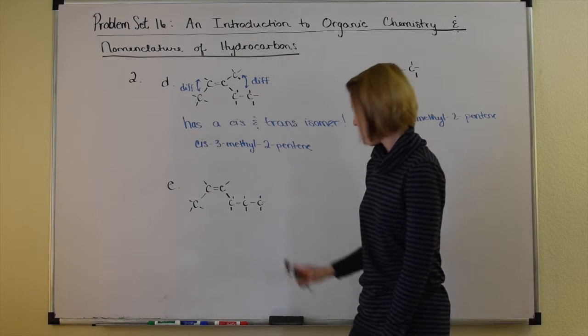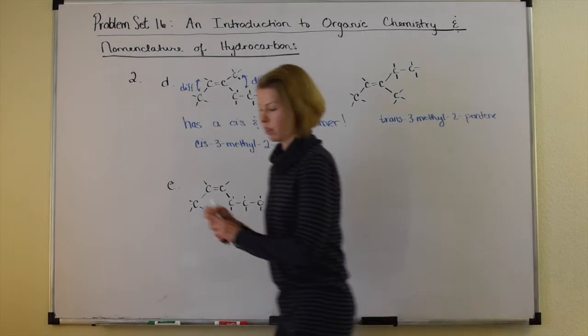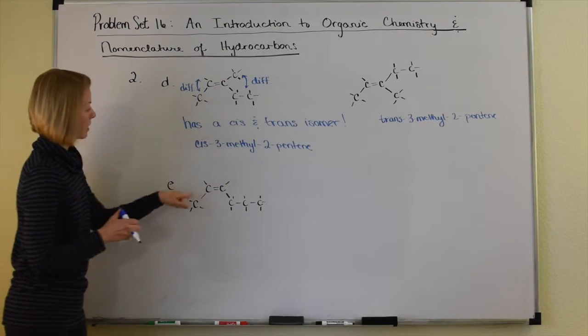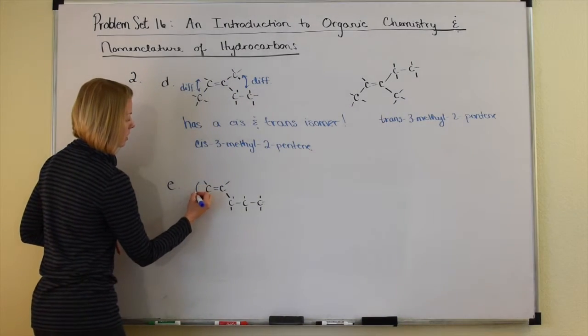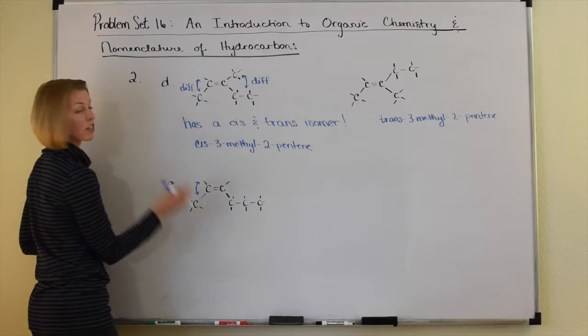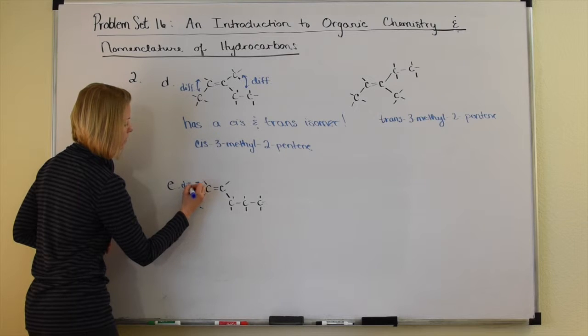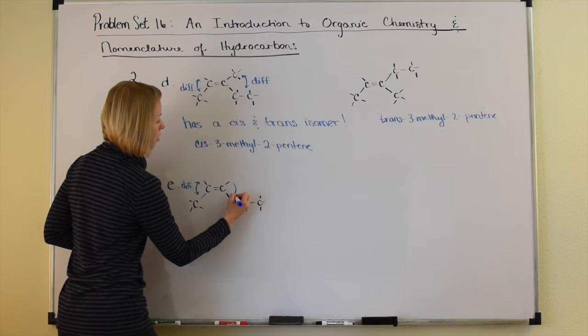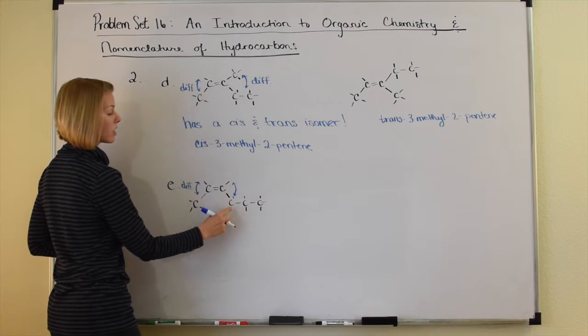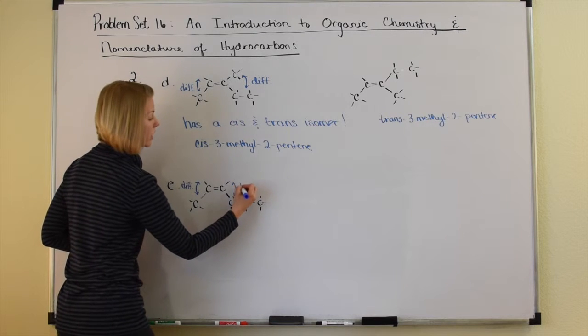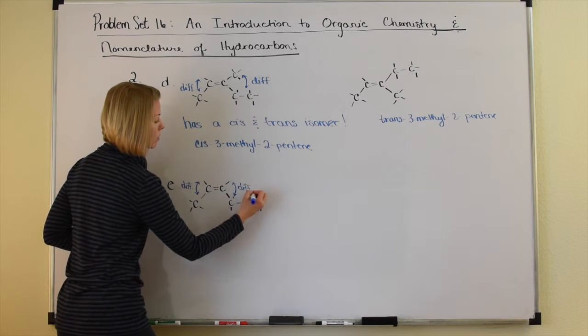Okay. And we will analyze now to see if these are the same or different. These are different. One is a hydrogen and one is a CH3. So I'll write diff for different. And these are also different. This is a hydrogen, this is a CH2, CH2, CH3. So these are different.